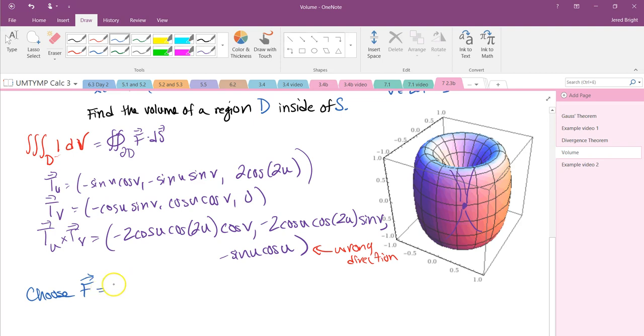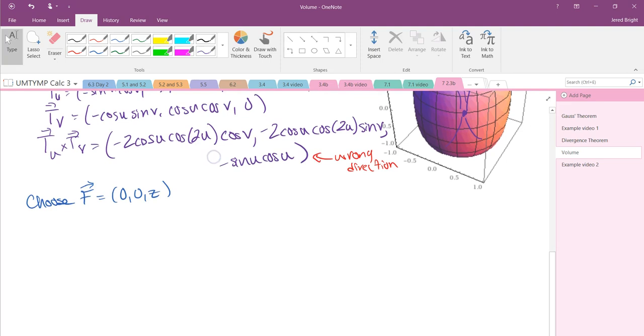We're going to choose F as (0, 0, z). So we're still saying the triple integral of 1 dV is equal to the integral over the closed boundary of D of F dot dS.